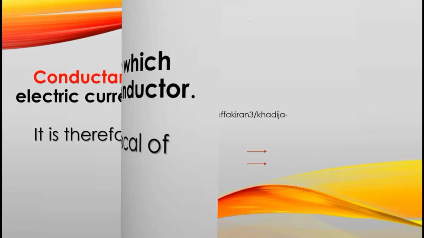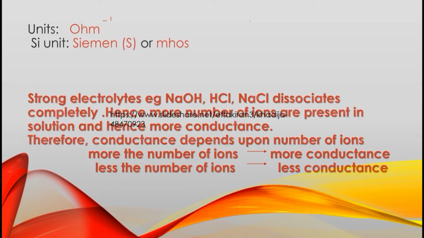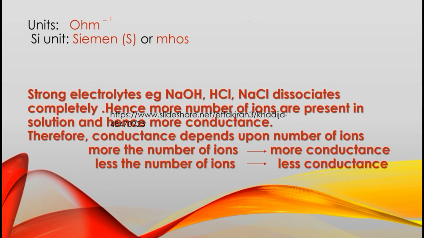Next, conductance is expressed in units of reciprocal or inverse ohms. In SI units, the unit of conductance is Siemens or mhos. Strong electrolytes, for example NaOH, HCl, NaCl, dissociate completely.